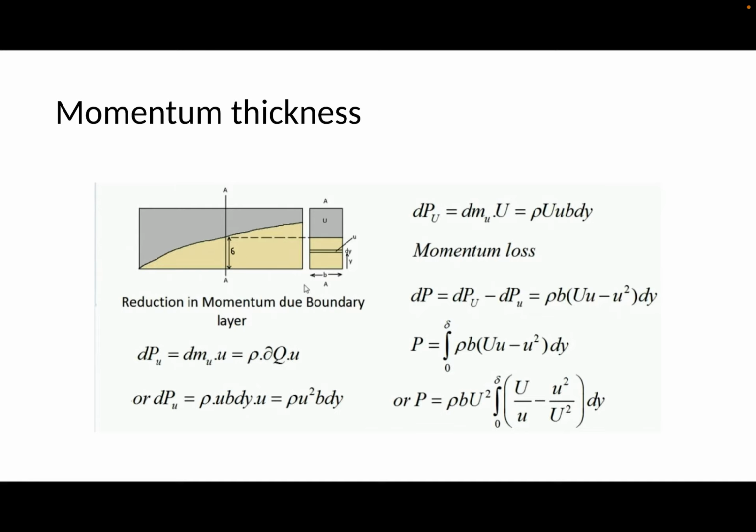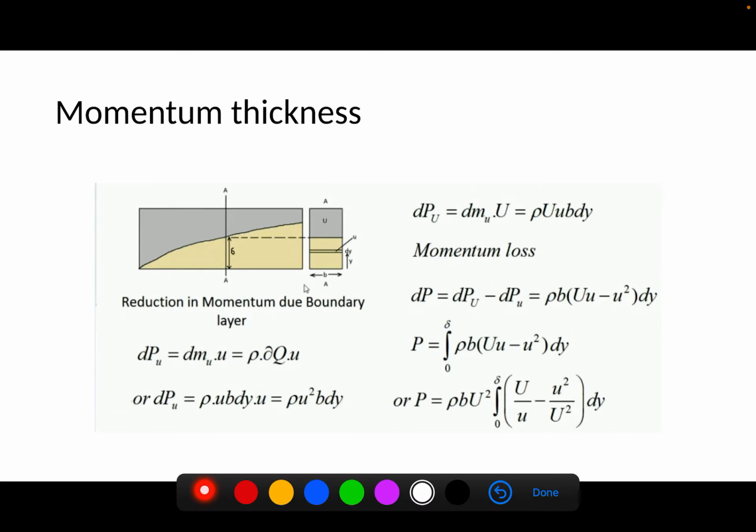So definitely, if velocity reduces accordingly, the mass flow rate reduces. If you write the equation of mass flow rate, what is the value of m dot? m dot is density into area into velocity. So if velocity decreases, then m dot will decrease, but the conservation law states that m dot shouldn't decrease, it should remain constant.